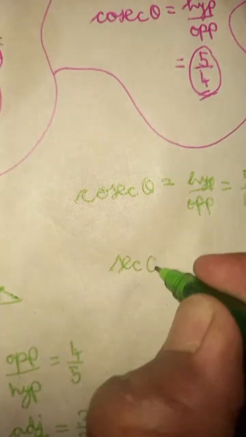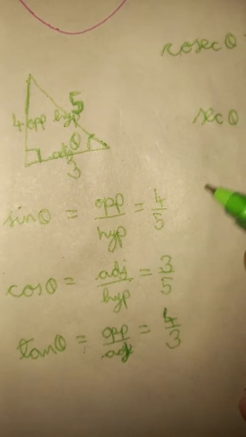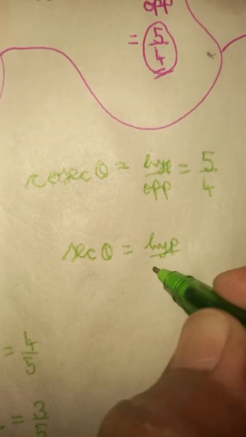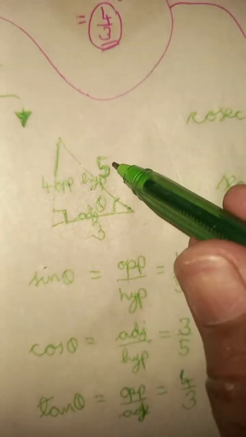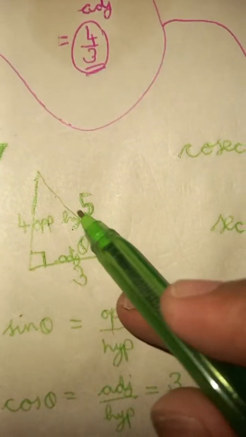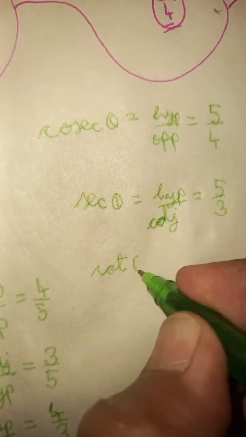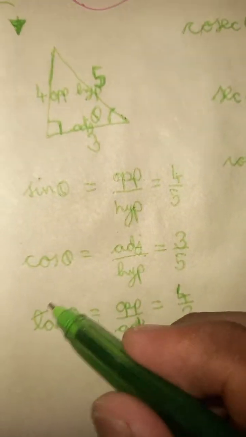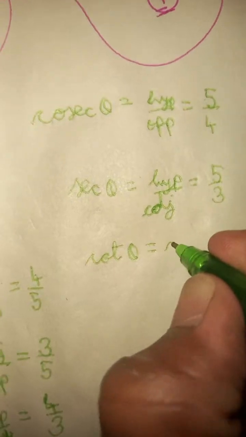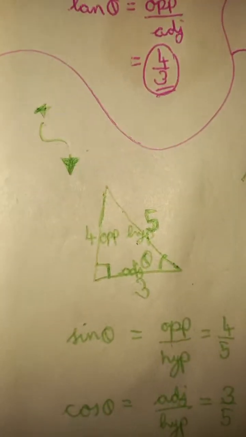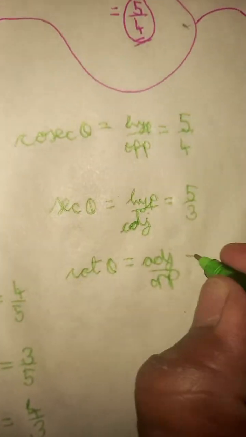Now secant theta is the reciprocal of cos theta, so adjacent by hypotenuse becomes hypotenuse by adjacent, that is 5 by 3. Now cot theta is the reciprocal of tan theta, meaning it flips. Opposite by adjacent becomes adjacent by opposite. Adjacent is 3 units, opposite is 4 units, so it becomes 3 by 4.